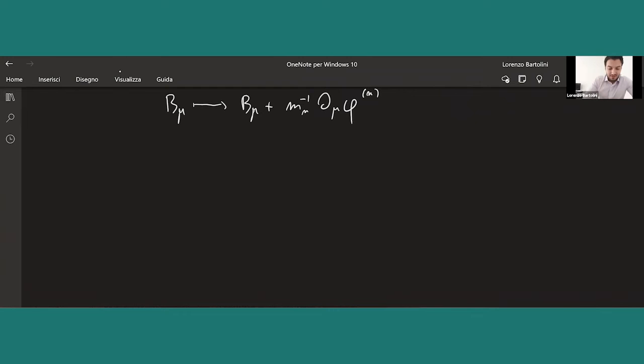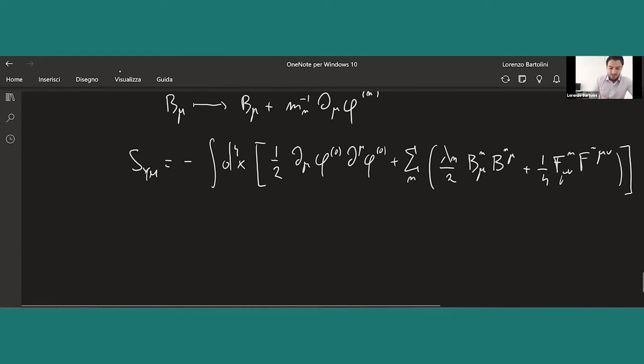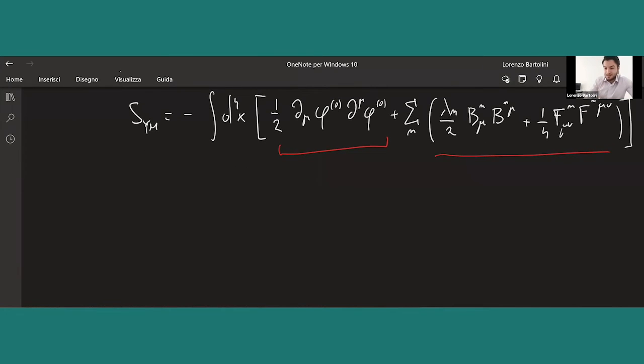And what you end up with is that your Yang-Mills action in 4 dimensions, as obtained from this holographic model, is this one. Okay, and so we have the same as before, the vector mesons, but we have a single scalar field here, which is massless.